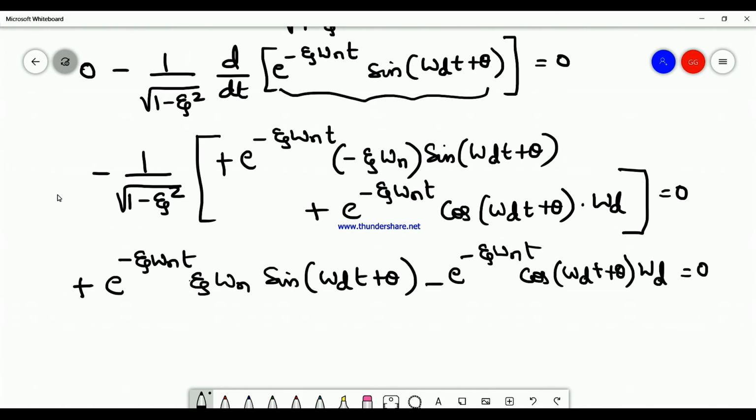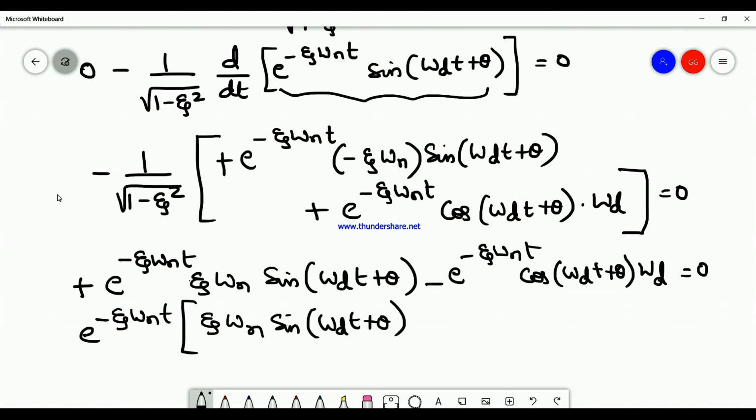Now you take e power minus zeta omega nt common here. So I will be getting zeta omega n into sine omega dt plus theta minus omega d, I will write it as omega n square root of 1 minus zeta square, cos of omega dt plus theta, which is equal to 0.